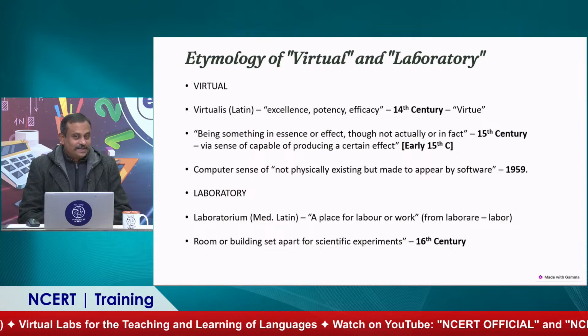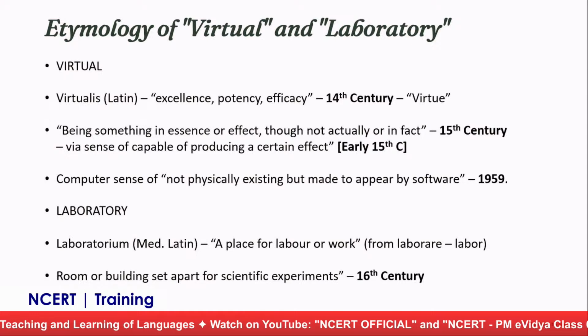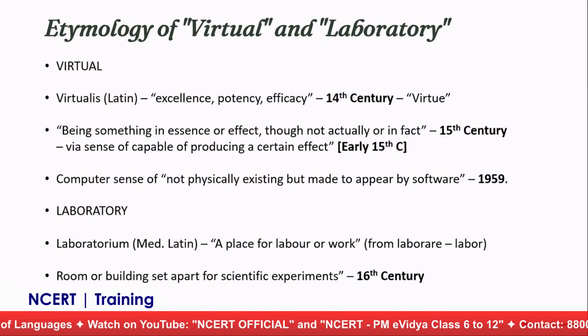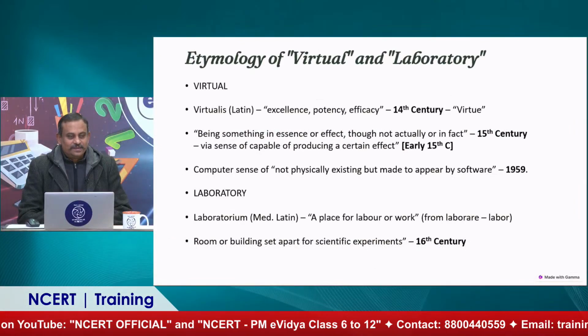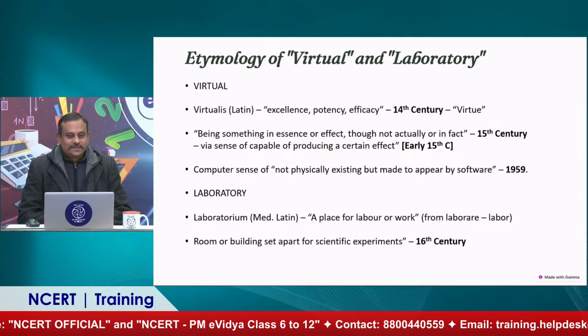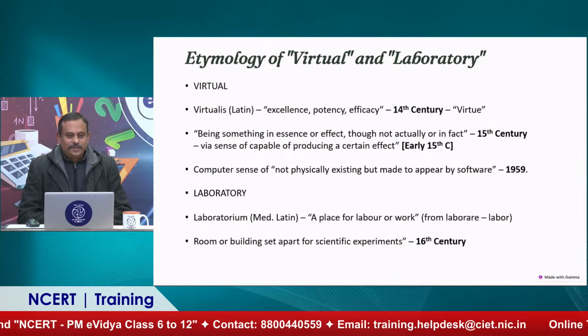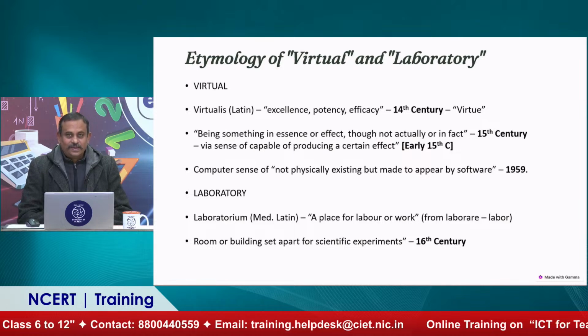Yes, in quantitative terms, of course. Like we, for example, we can measure temperature, but we cannot measure heat that way. Yes. So this is something which cannot be measured, and so this is something which is felt. And so by 15th century, the meaning had changed to being something in essence or effect, though not actually or in fact.